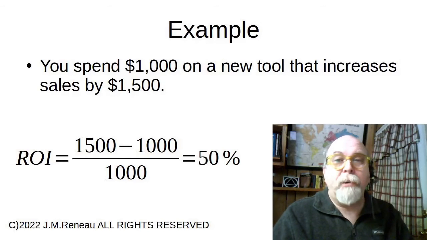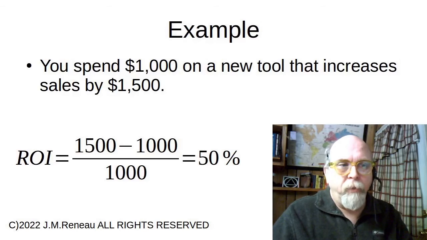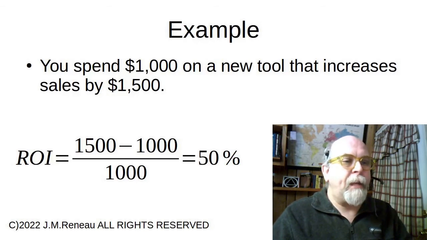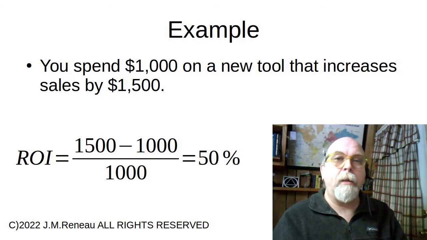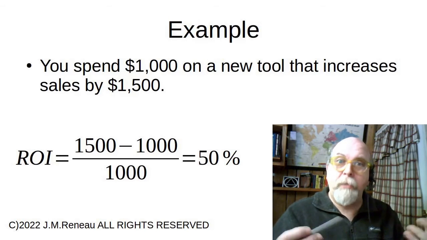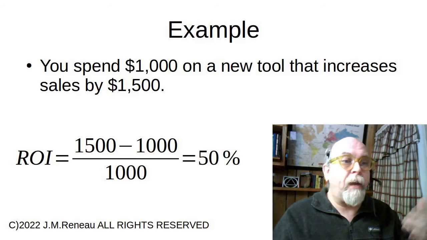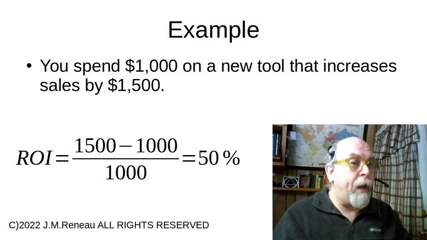You spend $1,000 on a new tool. You've invested in something that increases sales by $1,500. Well, sales is gross income. Correct, because you've got to take your cost of goods sold out of sales.